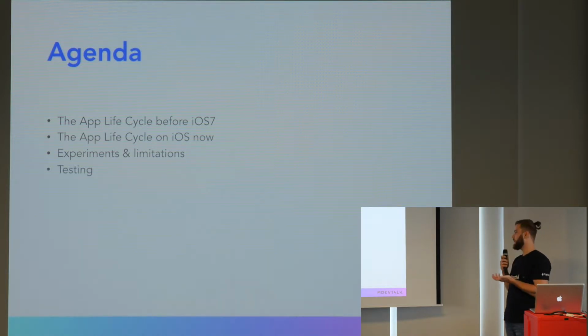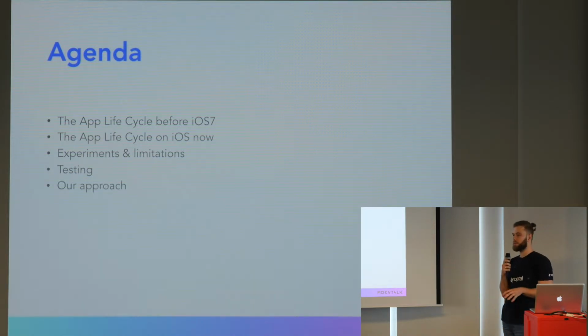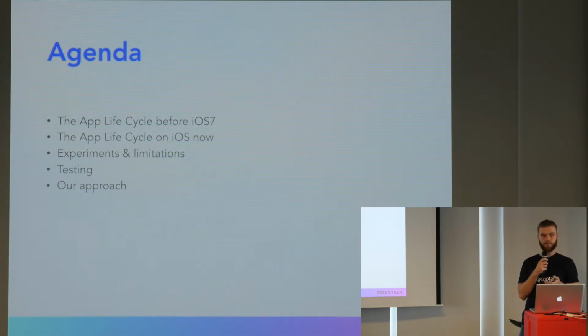I will also talk about testing, what problems testers met when they were testing. And I will tell you the best practices our team used to make the app, because the app is really big and complicated from an engineering point of view.